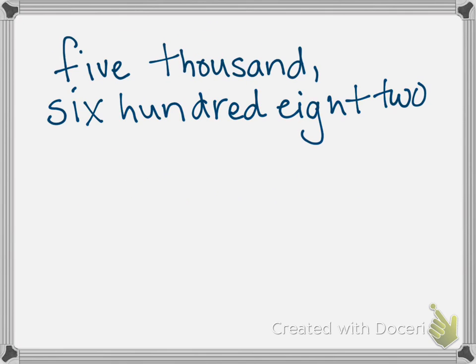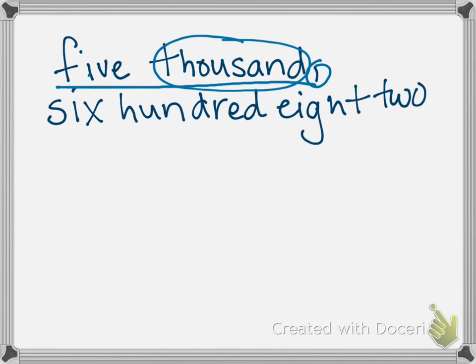Let's move on. So now I'm giving you word form, and you need to write it in standard form. So let's look at our first section before the comma. 5,000. When we see a family name, we're going to put a comma. 5,000. Now, every other family after this has to have 3 digits.